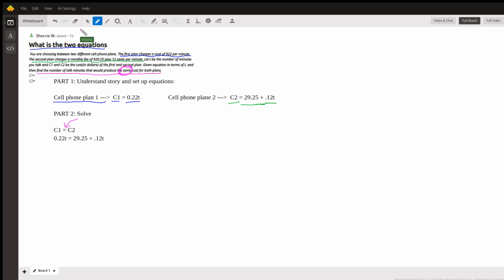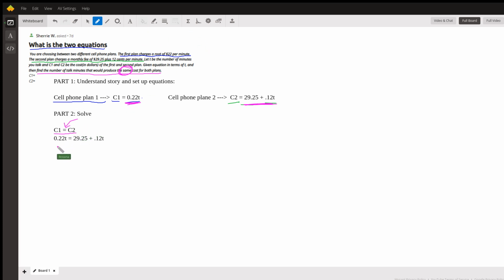Okay? So again, remember these tell us how much it costs per month, depending on how many minutes you use. Now, if I want to know how many minutes I'm going to use when it's the same, well, we simply set each of them equal to each other, because I'm saying the first plan will be the same as the second plan, hence C1 equals C2.